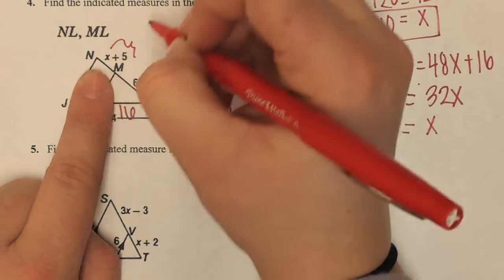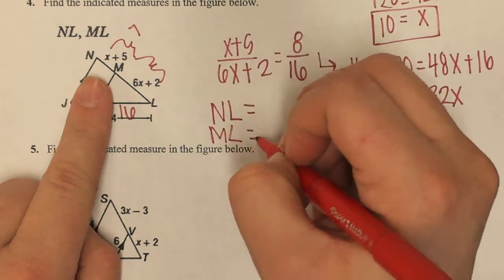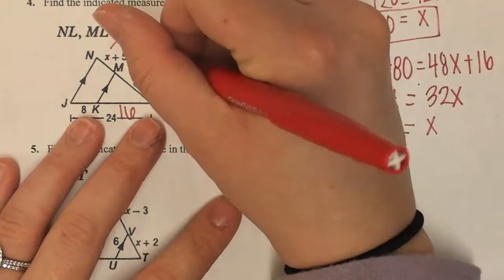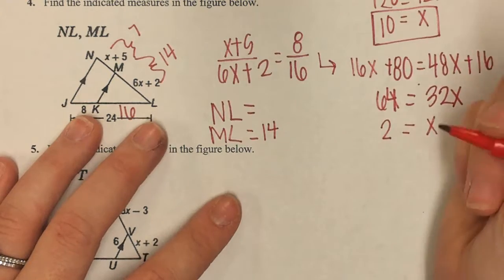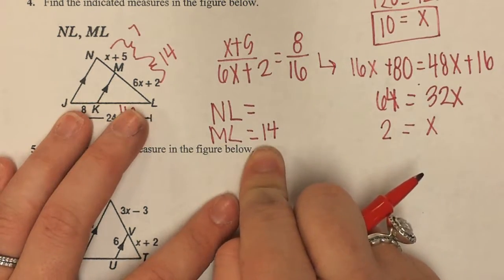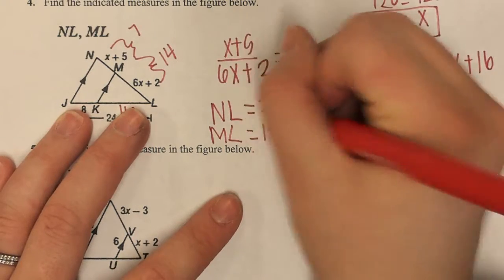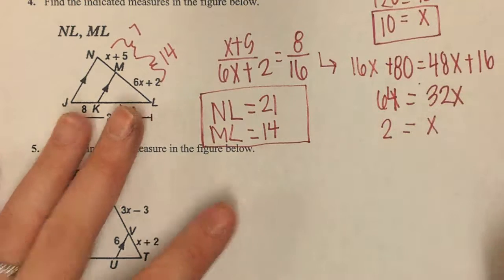So NM is 7. ML, which I also have to find. ML, what's 2 times 6? 12. Plus 2? 14. So ML is 14, but when we add both of these together, 14 plus 7 is 21. So these were actually our answers.